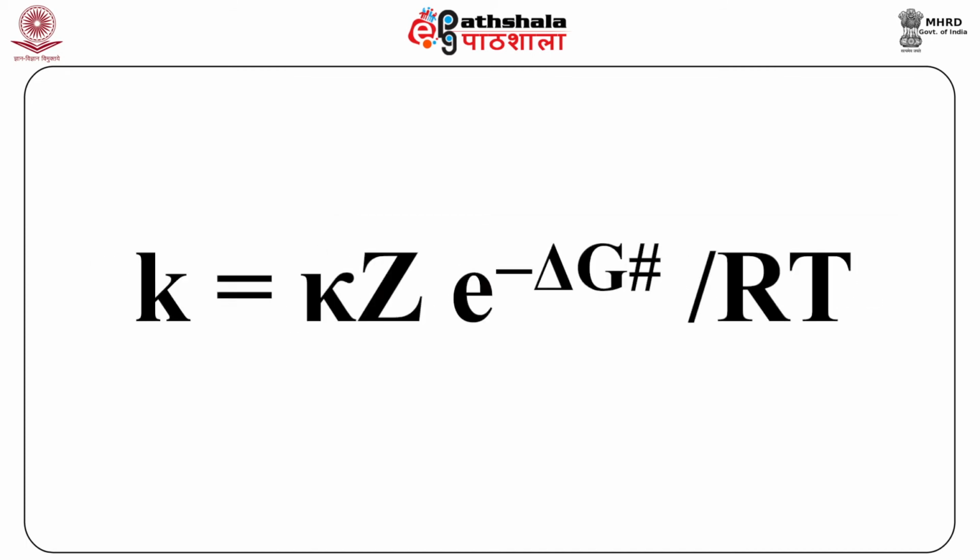So the equation is k equal to chi Z e to the power minus delta G dash by RT. So k12 experimental, E0 is the reduction potential for cells.